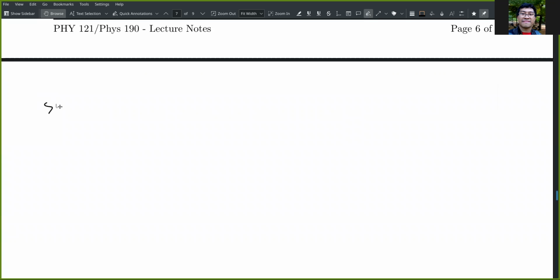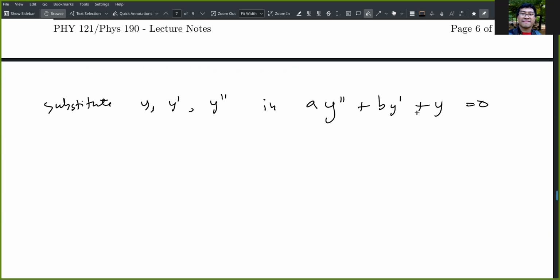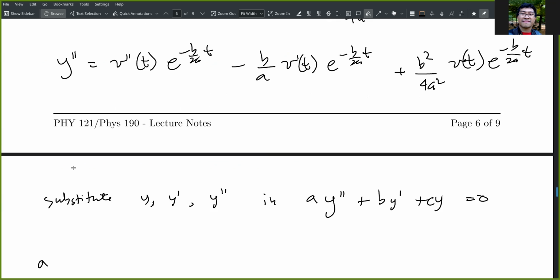So we substitute y, y prime, and y double prime in our differential equation. We have a times this.